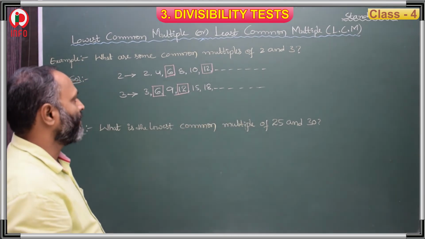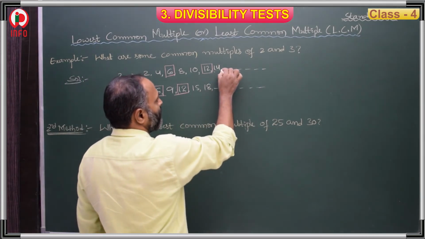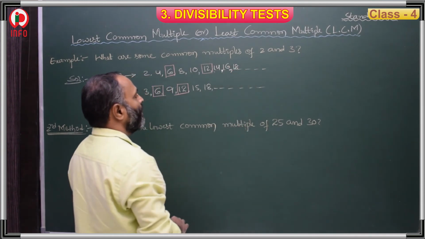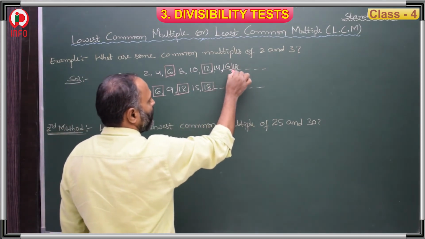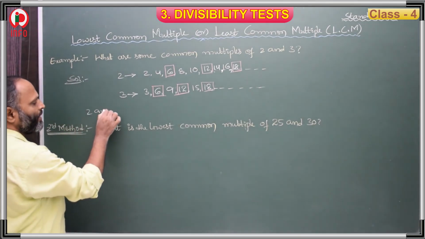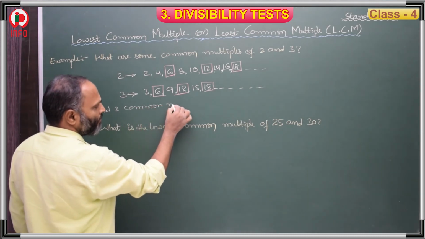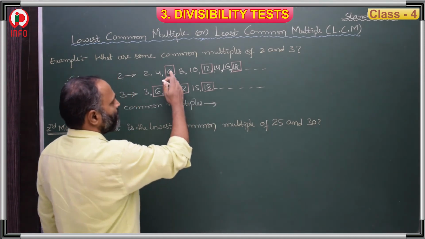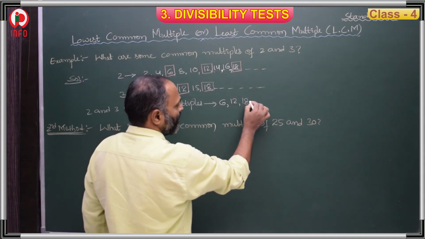Continuing the multiples of 2: 2 7s are 14, 2 8s are 16, 2 9s are 18. Here the next common multiple is 18. So the common multiples of 2 and 3 are 6, 12, 18, and so on.